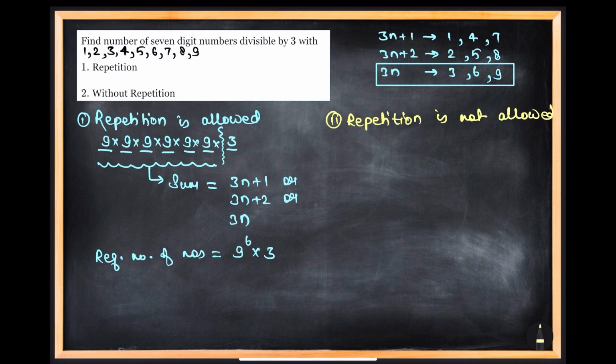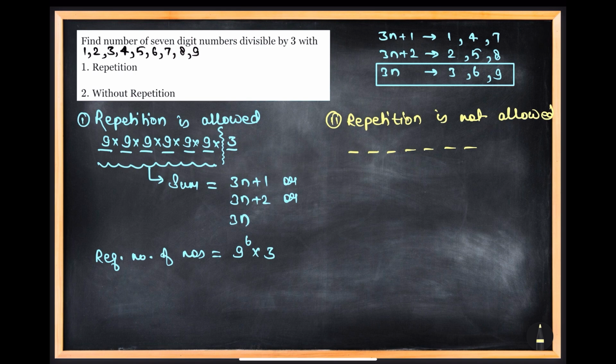Now you have to make a 7-digit number. So you have to take 7 numbers out of these 9 whose sum of digits would be divisible by 3. Correct?